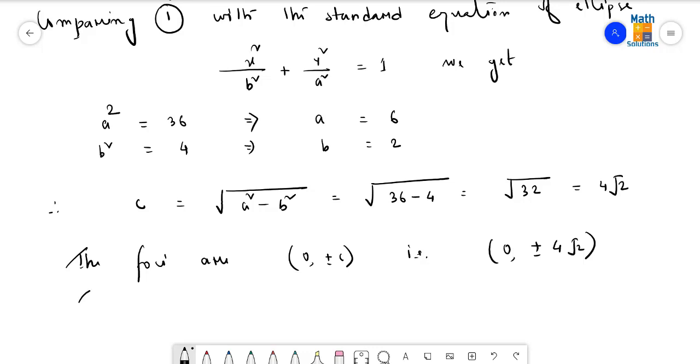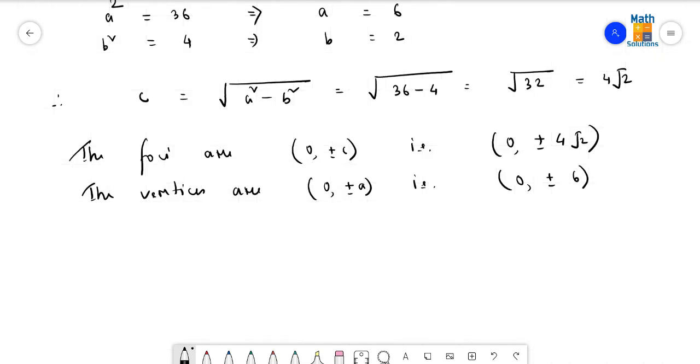The vertices are, you can keep the result as root 32 also, it is your choice. The vertices are 0, plus minus a, that is 0, plus minus 6.